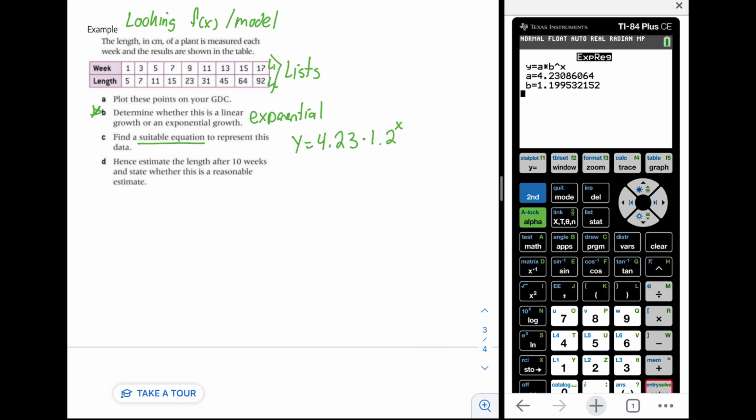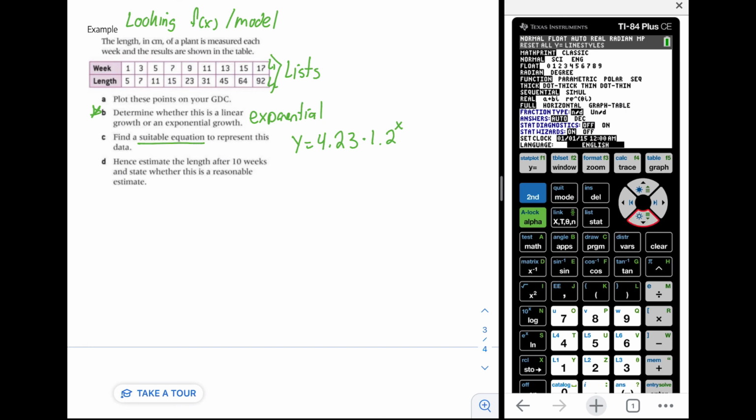At this stage, I don't have an r² value that tells me how accurate this is. If this is your case in your calculator, that means that your stats diagnostic is off. So make sure you know how to turn it on. We go on to mode, and then you go down to stats diagnostic. Mine is off. Make sure you turn that on.